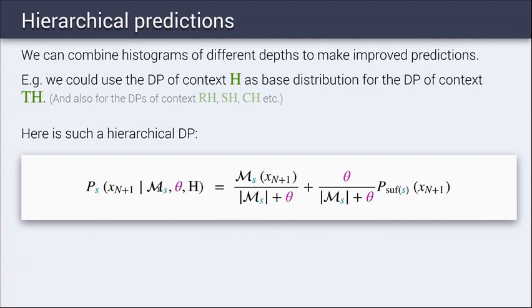So that's what we'll do. We'll use the fact that there's some sort of hierarchical relationship going on, because at least for human text, we fundamentally believe that the characters that follow a given context or a given sequence of characters is similar in some way to the next shorter context. And that can be expressed by, again, revisiting our DP, by making it hierarchical.